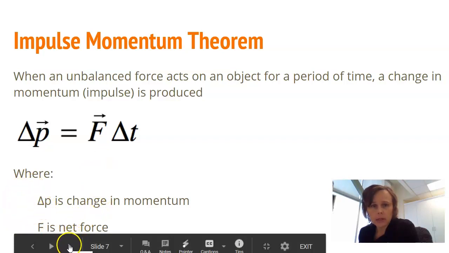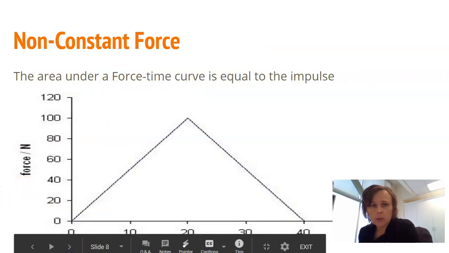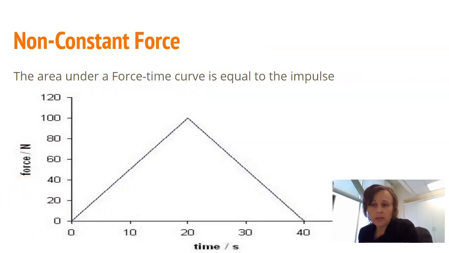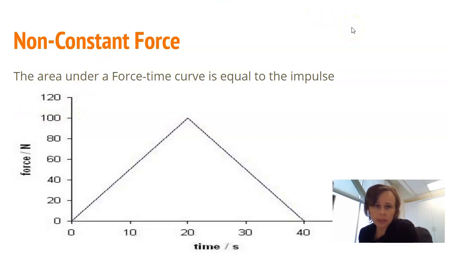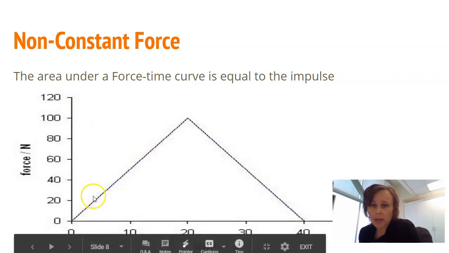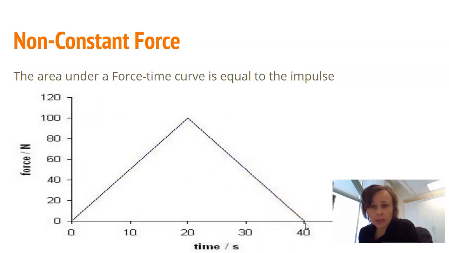Let's look at the example here. We will be using graphs a lot for the first time to calculate the impulse or the change in momentum for this unit. It is different from the graphs in the previous unit, where you had force on the y-axis and distance on the x-axis for calculating work done on the object.